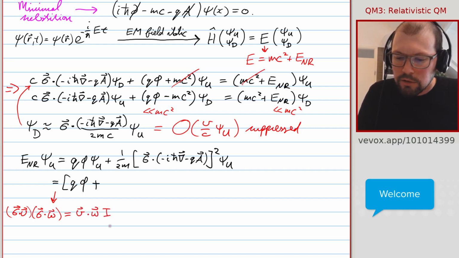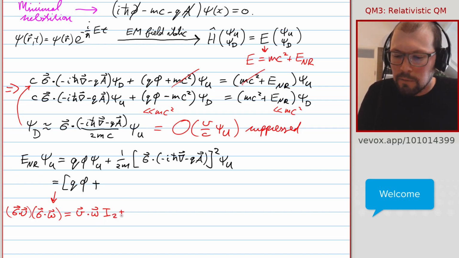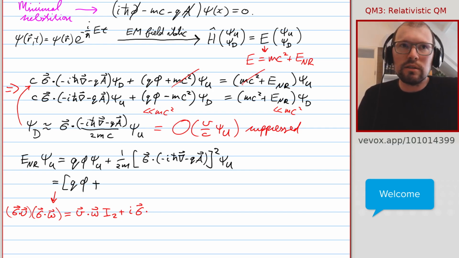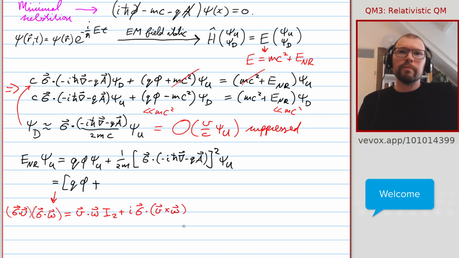We have simply a scalar part multiplying the identity matrix, and then an imaginary part, if you like, that still multiplies the Pauli matrix, which depends on the cross product of these vectors.